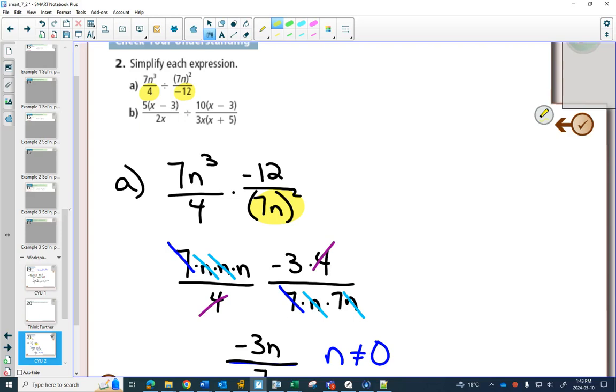Do any of those denominators have a variable? Yes, the last one did. And that's where the n can't equal 0. Technically, when n is 0, do you see that this whole fraction here is 0? And then you're dividing by that. But we can find out that part after we've multiplied by the reciprocal.